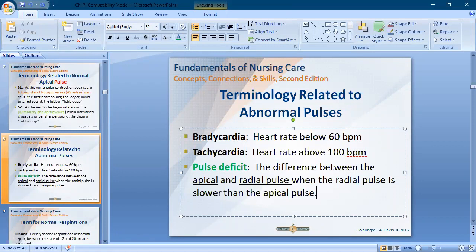So what is the difference between 110 and 100? This 10 is called pulse deficit, the difference between apical and radial pulse. The radial pulse is lower than the apical pulse.